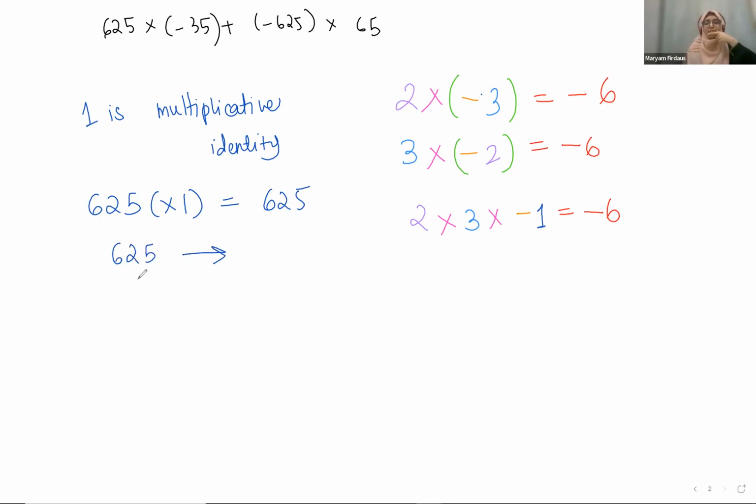Multiply by minus 1. Yes. So 625 multiplied by minus 1 is equal to negative 625. So always remember this.